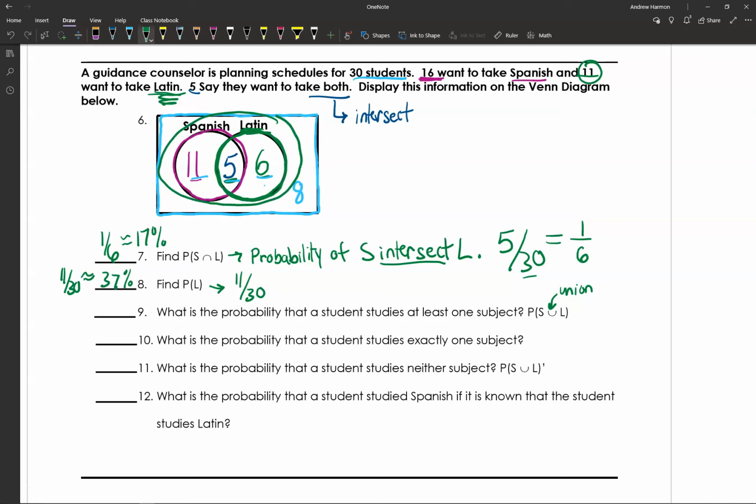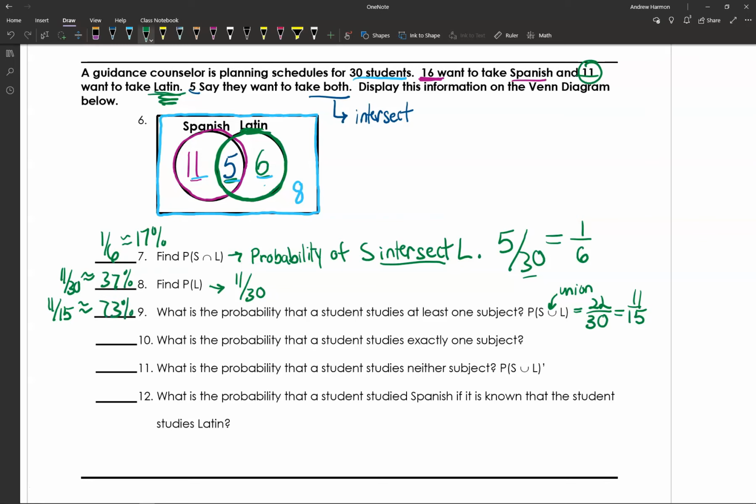So there's that total within the circles, and we get that that is 22. So we get 22 out of the total number of people in the group the guidance counselor is looking at, 30, which simplifies to 11 over 15.